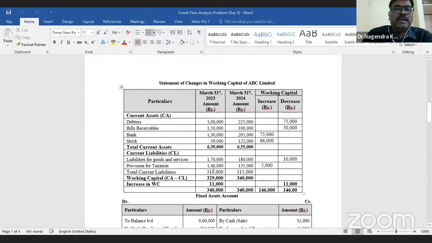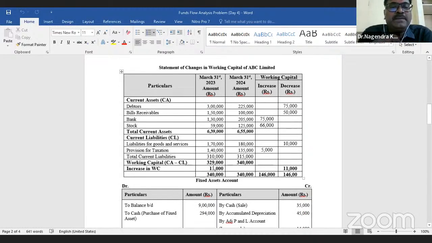And then come to the current liabilities. Liabilities for goods and services is nothing but sundry creditors, and we have to take provision for taxation also as a current liability. Here we may see sundry creditors has decreased and provision for taxation has decreased.